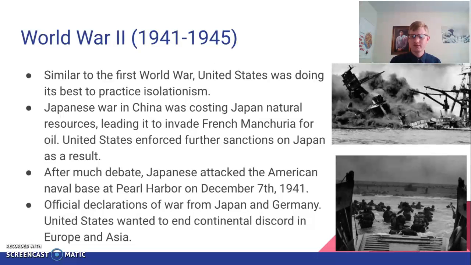French Manchuria is kind of the area of Vietnam, Cambodia, Laos, that kind of area, and we'll talk more about that later. But the United States decided to enforce further sanctions on Japan for this invasion as a result.